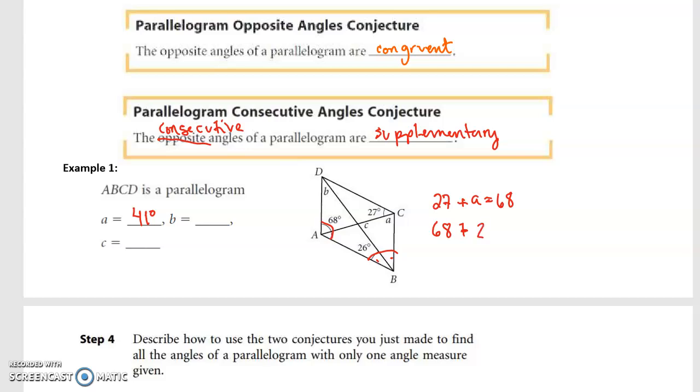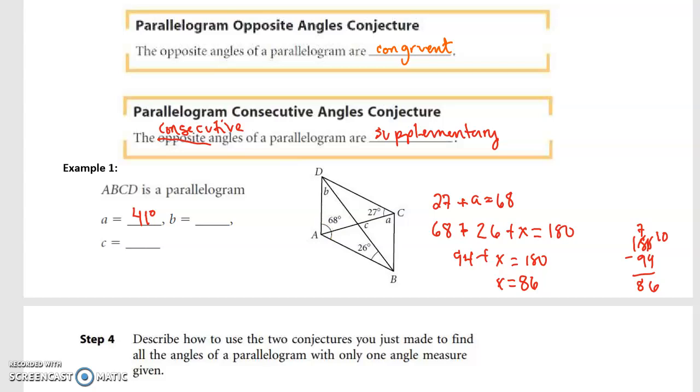We're going to label that X. That has to equal 180 degrees. So when I add those, that means that little piece is 86.